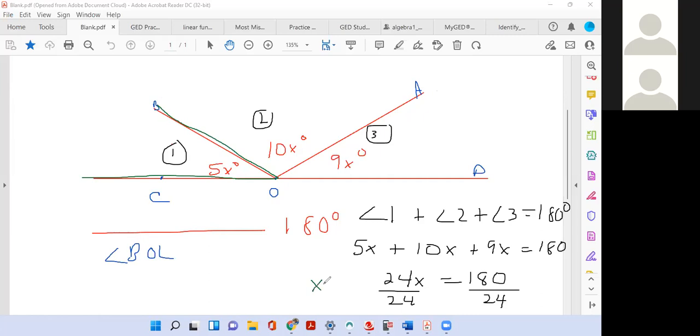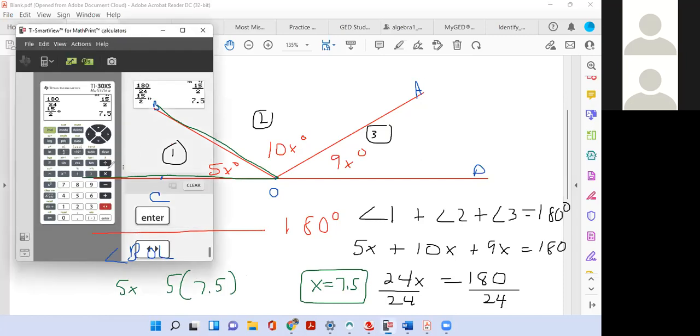So here, when we got x equals 7.5, we're not done. That just solved for x. But to know each individual angle, we then had to do 5x, right? So 5 times 7.5. And again, we don't want to make mistakes. Throw it in the calculator.